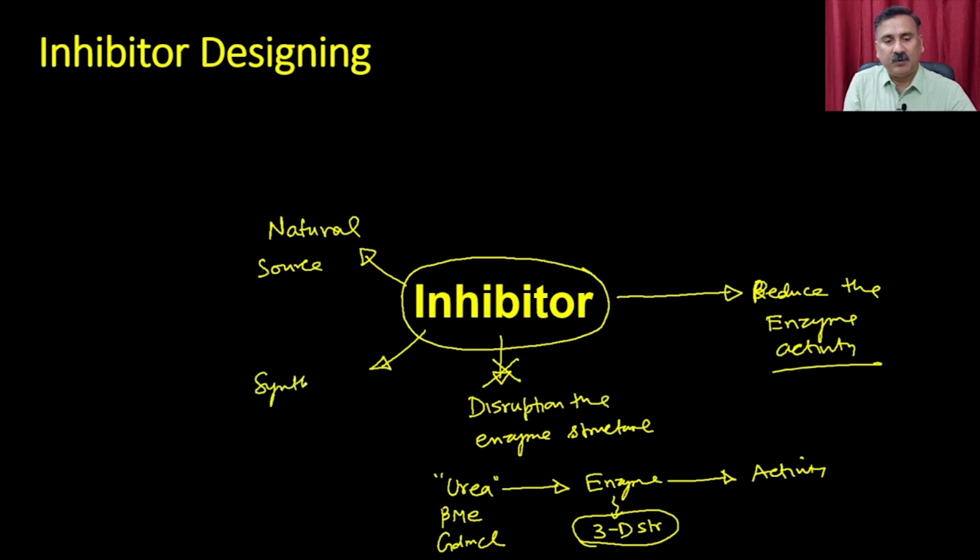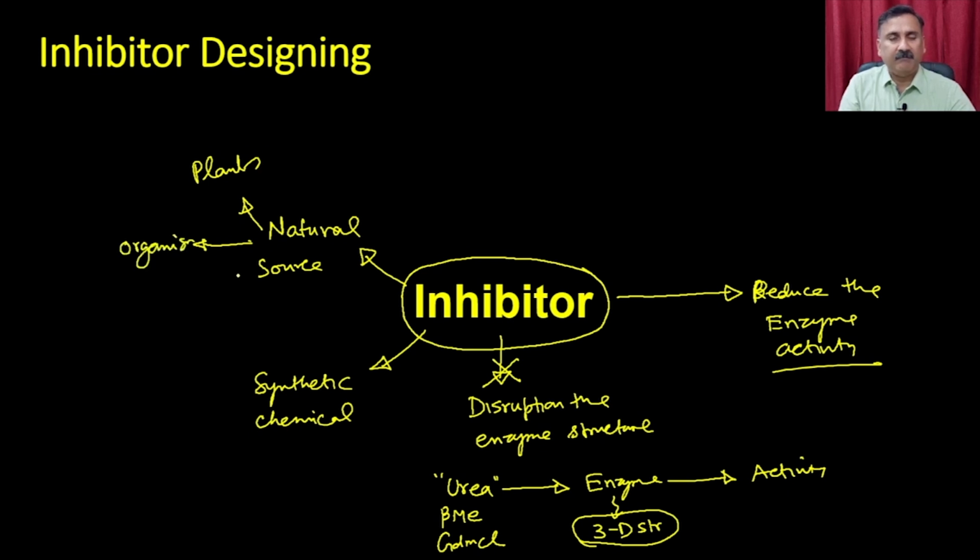You can synthesize them, so they can be synthetic chemical molecules, or they can be from natural sources. When we talk about natural sources, they could be from plants, or from different types of lower organisms.